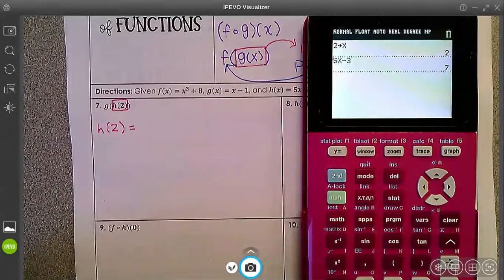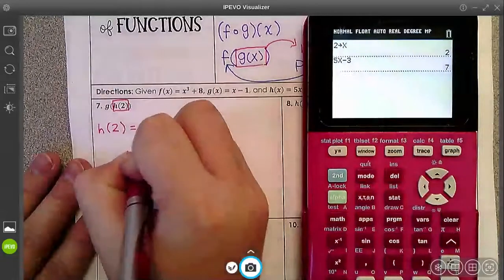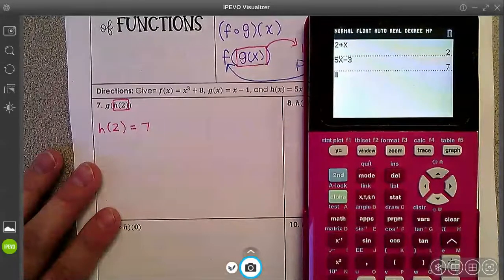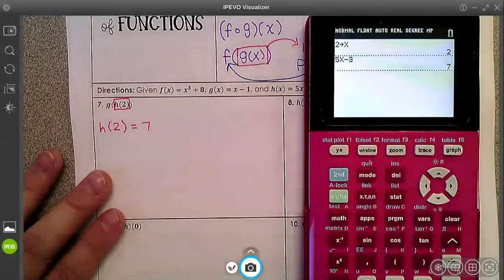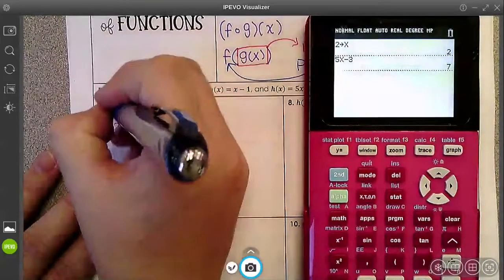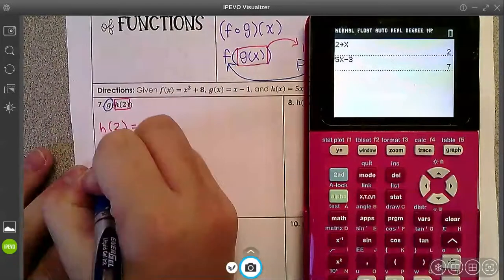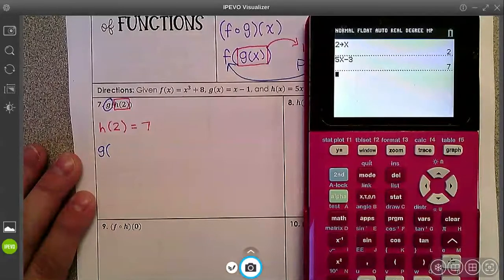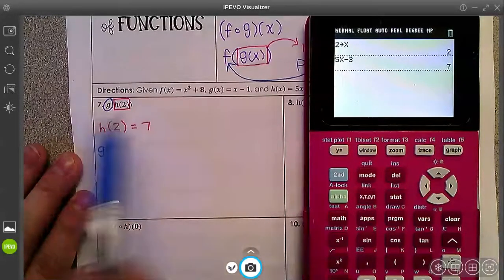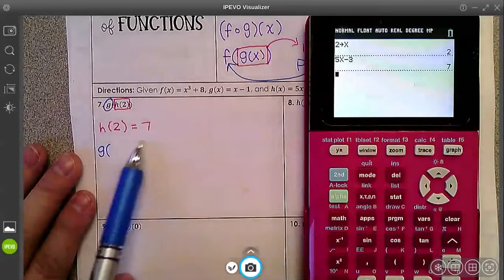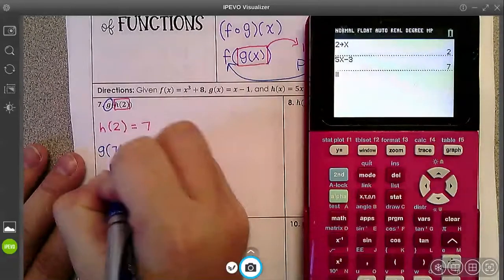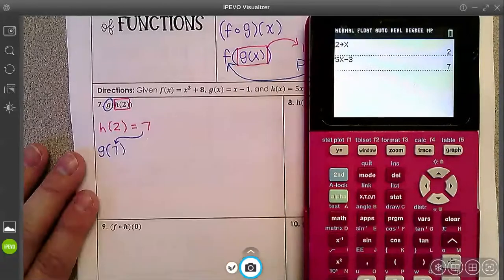So h of 2 is 7. And then I'm going to go to g, but I'm not finding g of 2. I'm going to find g of what? Take your answer, plug it in, so 7.